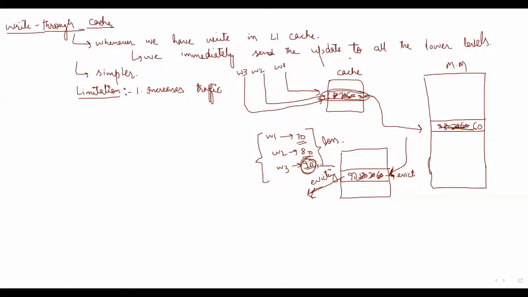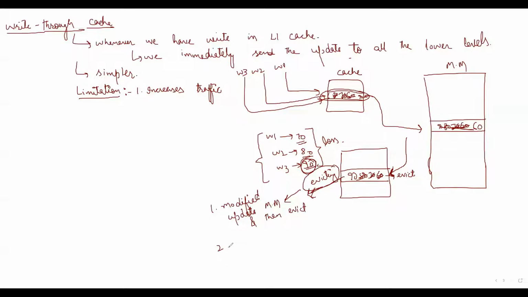So at the time of eviction, I have to see something. What I have to see is whether I have modified this block. If the block is modified, then update main memory and then evict.